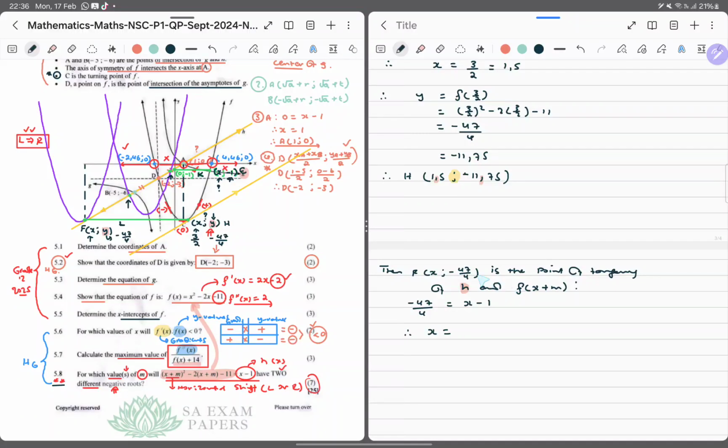Therefore, x is going to be equal to transpose 1 there. So what do we get? Minus 47 over 4 plus 1 gives us minus 43 over 4. So this is minus 43 over 4, which is equal to minus 10,75. Okay, so that means our f here is going to be minus 10,75 and this minus 11,75.